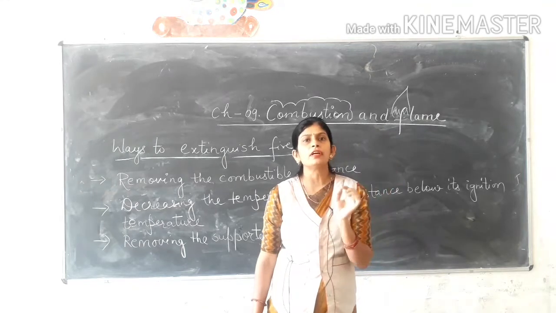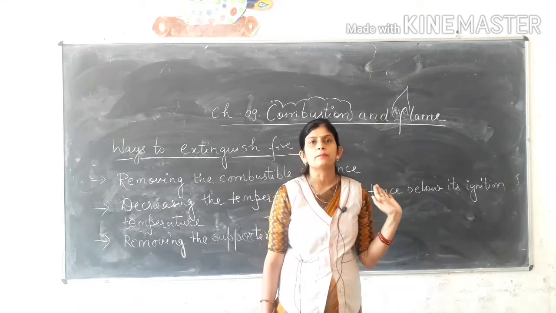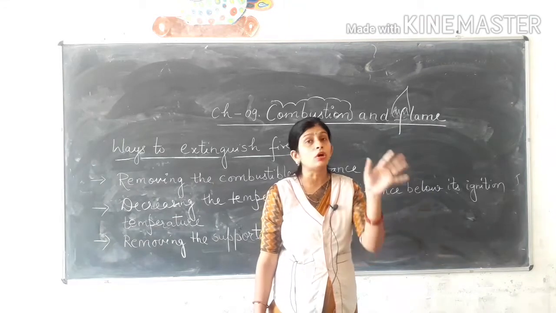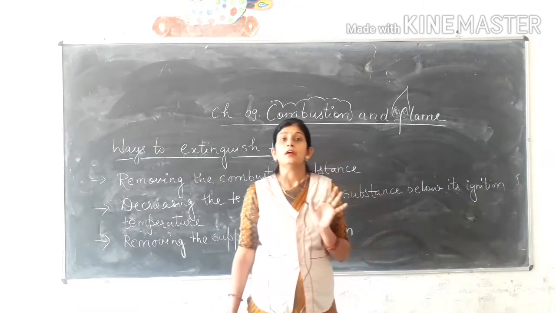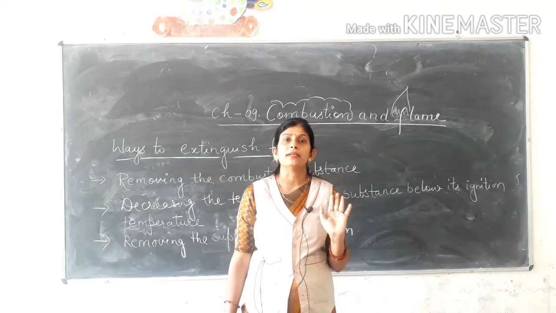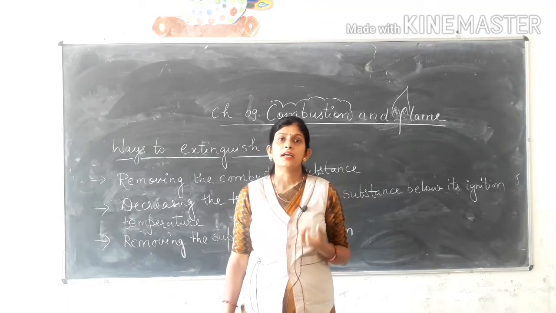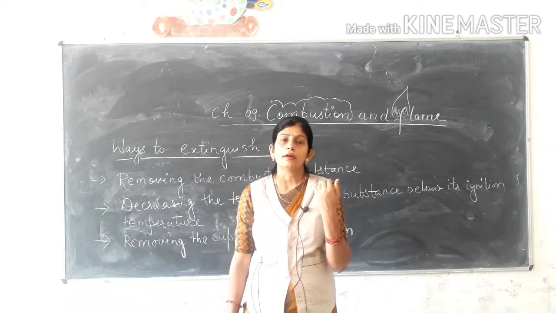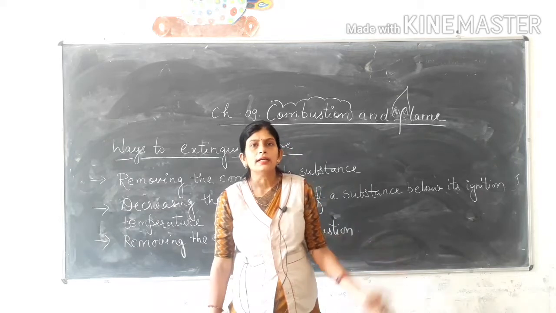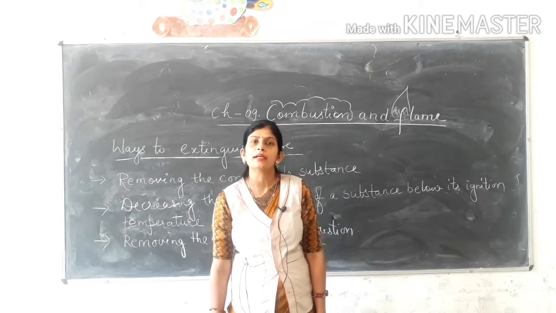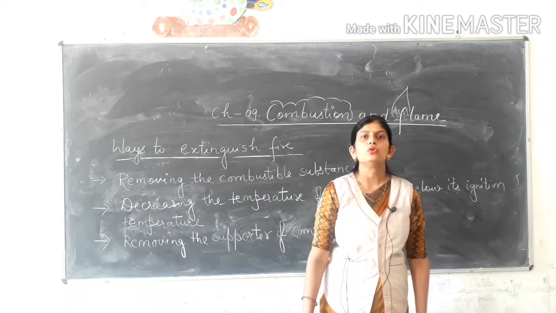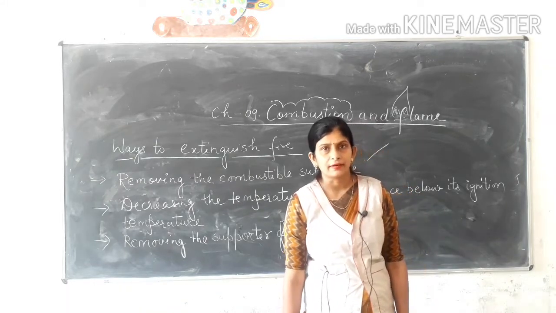If any one is missing, combustion or burning will not take place, because all three conditions are necessary. So we have got an idea how to extinguish or put off fire.